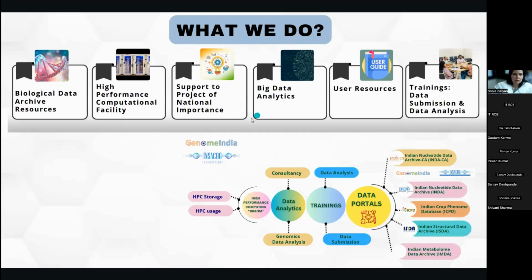Then we are also supporting projects of national importance or mission mode projects. Some of them are highlighted here, Genome India and INSACOG. Then we are also doing big data analytics, both for our in-house analysis and also supporting researchers in their analysis through consultation and data analysis.